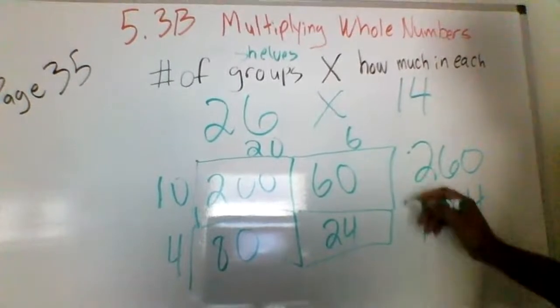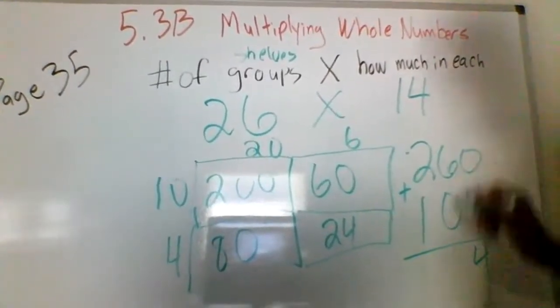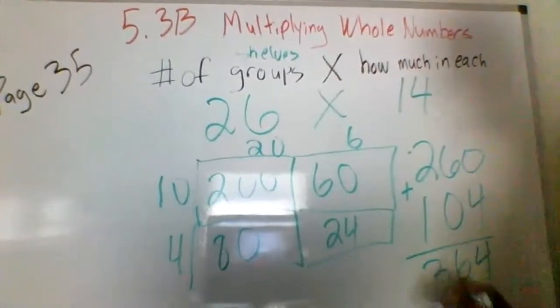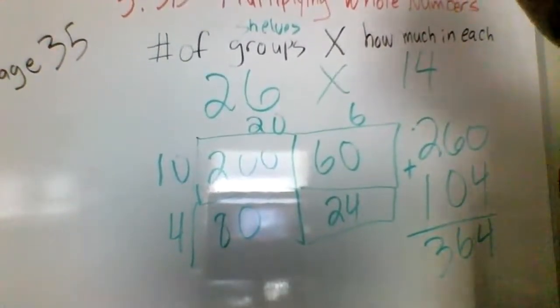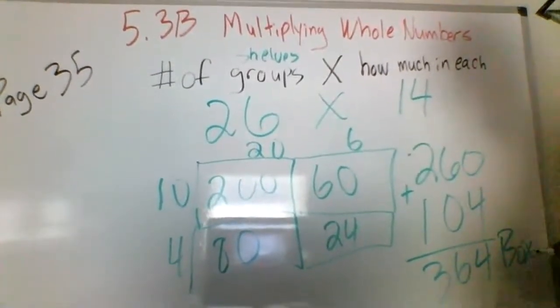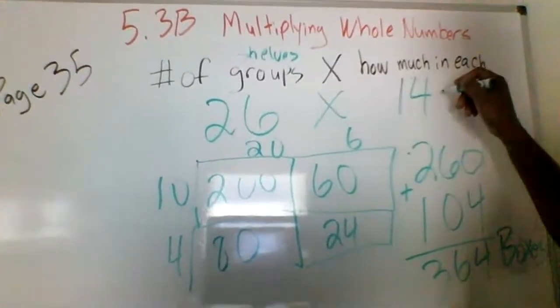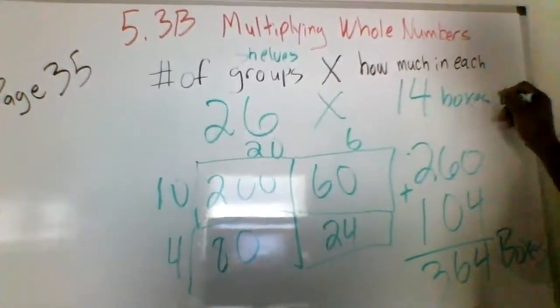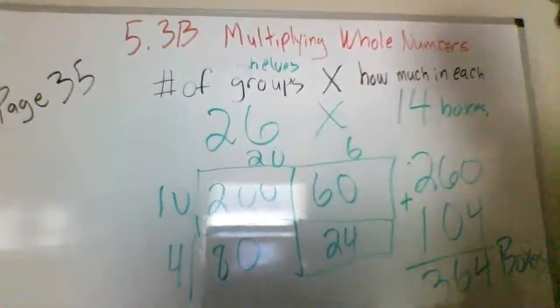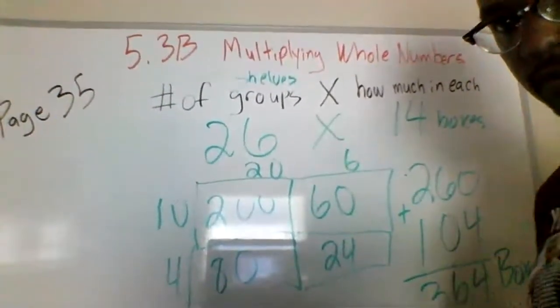All right? So when I add it up, 260 plus 104 is 364, but this is boxes because this is 26 shelves and there's 14 boxes on each shelf. That means that this is 364 boxes, right?